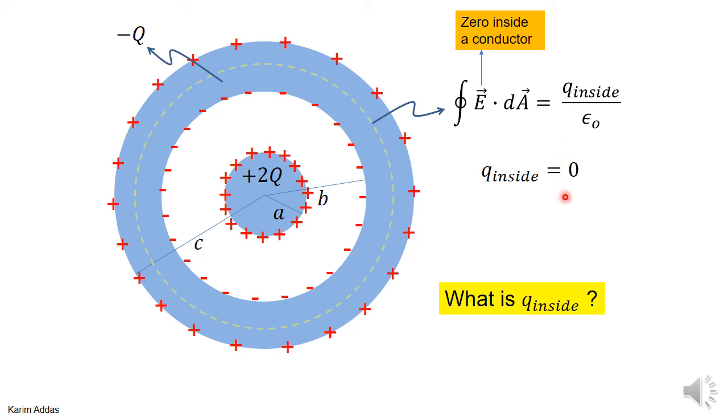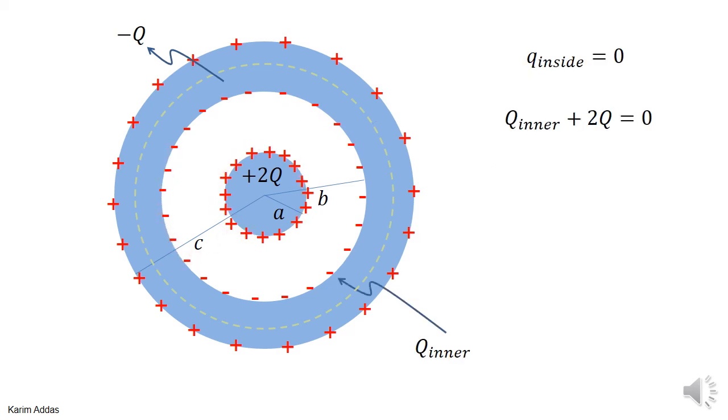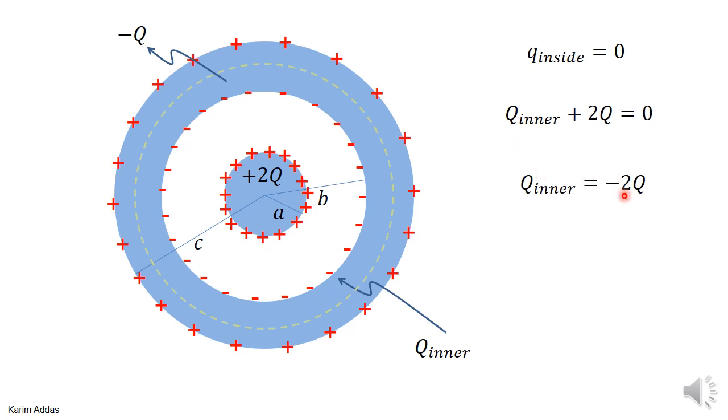And how does that help us solve the problem? Well, what is the charge inside this dotted Gaussian spherical shell? Part of the charge inside is Q inner, and part of it is this 2Q. So the charge inside is Q inner plus 2Q. We know from Gauss's law that Q inner plus 2Q is zero, so Q inner turns out to be minus 2Q.